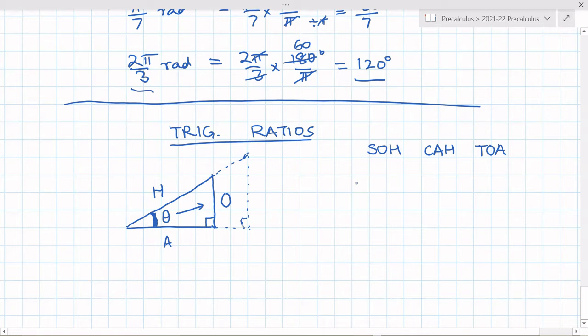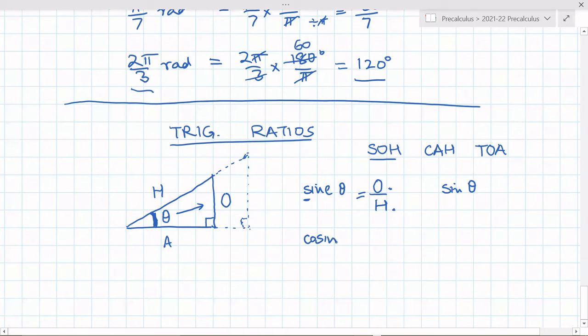The ratio of the opposite to the hypotenuse is called sine theta. In short, this is written as sin theta, just taking the first three letters, right? So SOH is this. Sine is opposite over hypotenuse.